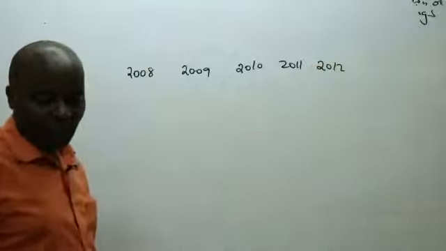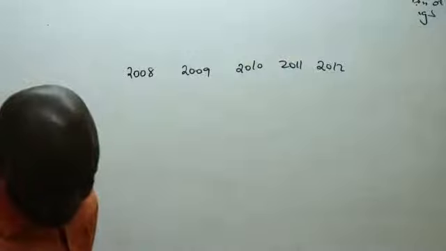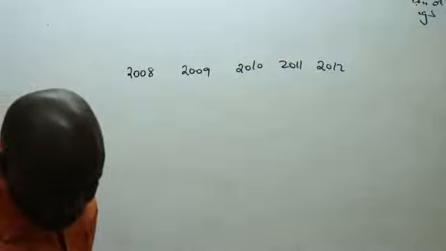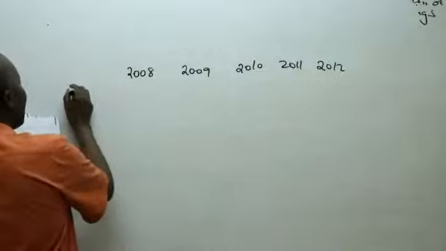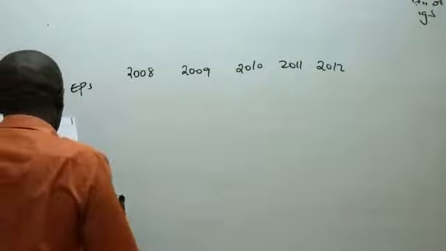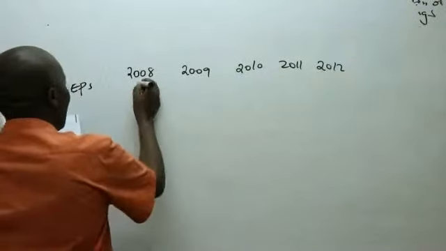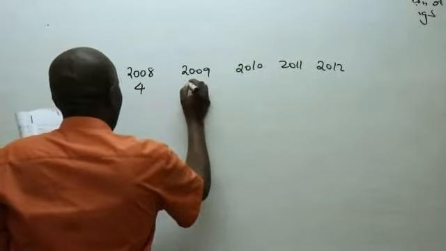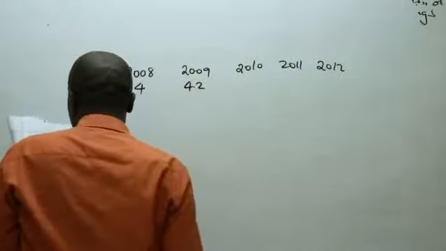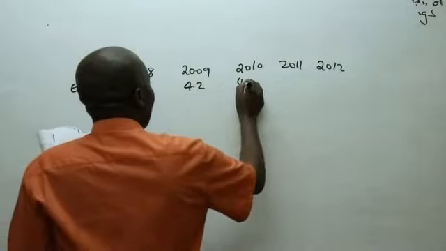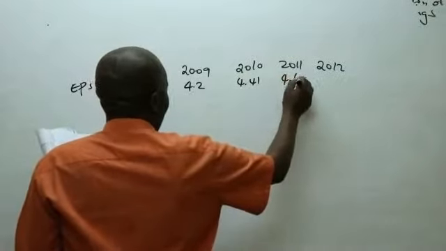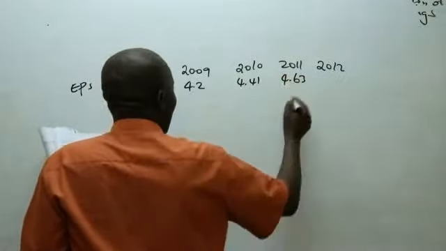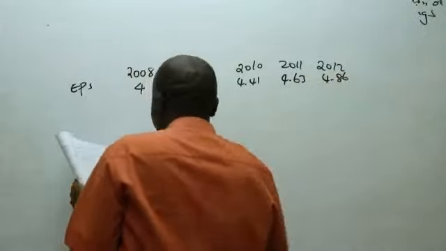And then they have given us the earnings per share, EPS: in 2008 we have 4, in 2009 we have 4.2, in 2010 we have 4.41, in 2011 we have 4.63, and in 2012 we have 4.86.